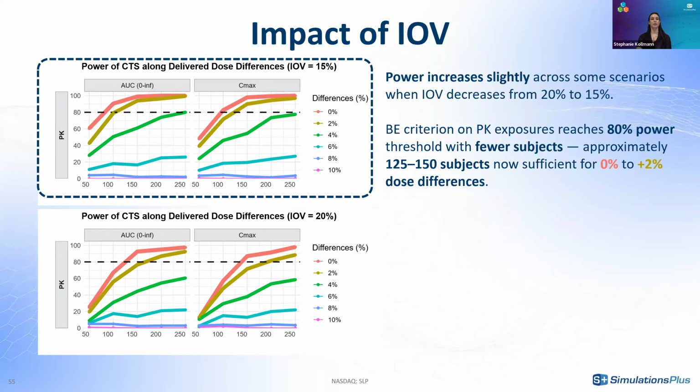Both AUC and Cmax reach the 80% power threshold with fewer subjects when IOV is lower. The PK metrics for IOV 15% cross 80% power around 125 to 150 subjects, compared to around 150 to 200 subjects at IOV 20%.